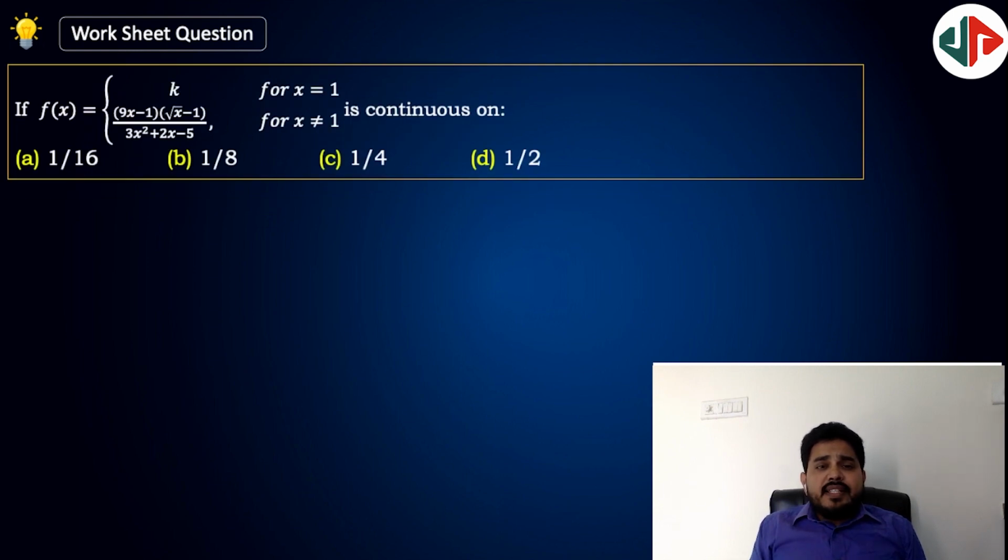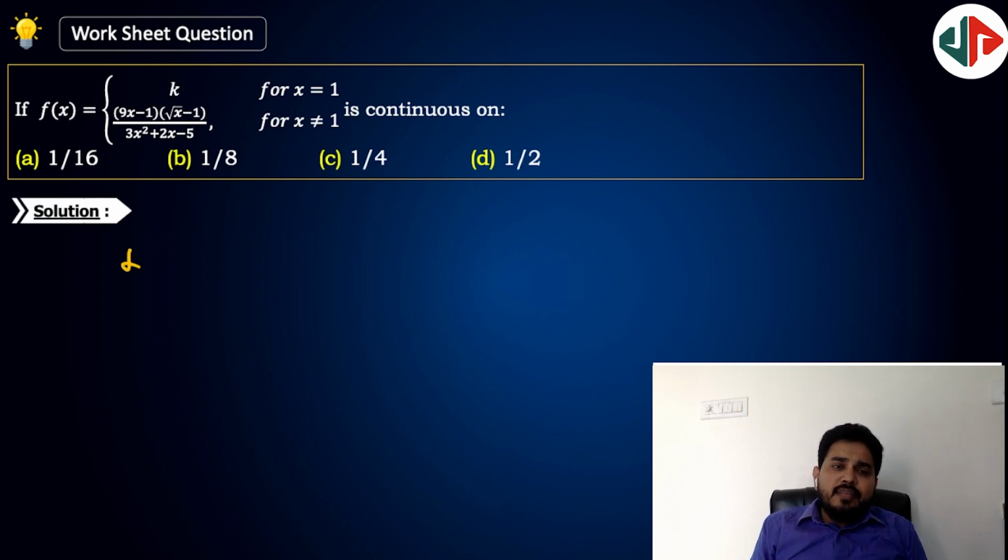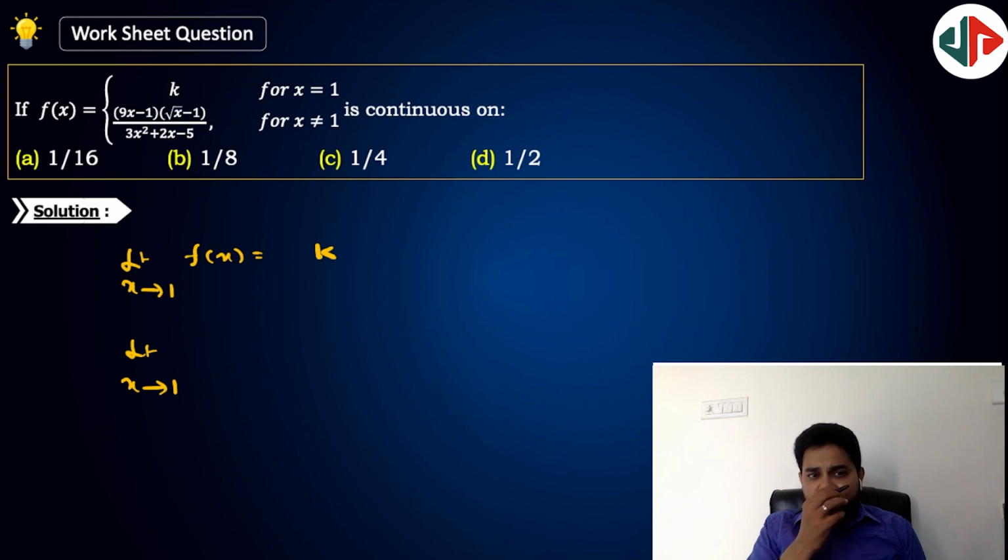If f of x is continuous, then the limit as x tends to 1 of f of x is equal to k. When you substitute x equals 1 here, 9 minus 1, 8, this value is 0 by 0.